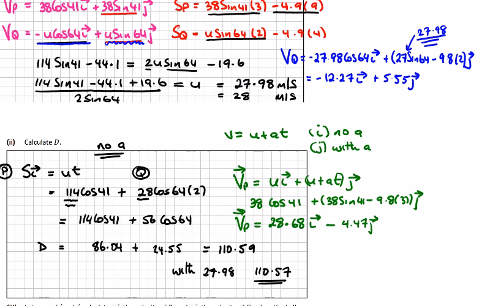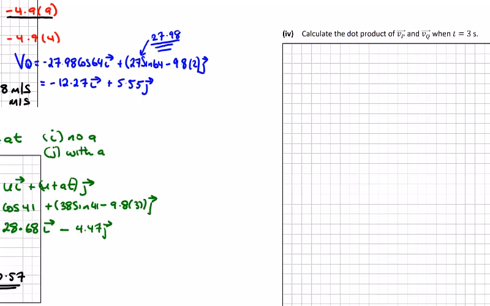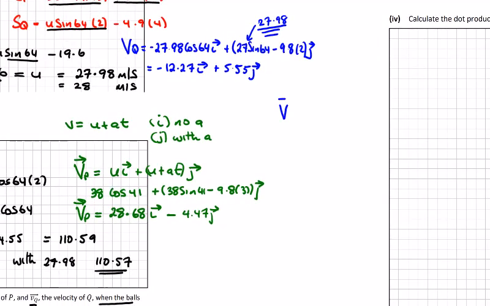Now it goes on to dot product. For the dot product, time is equal to 3. The dot product of the velocities, velocity of p by the velocity of q. What we do here is we multiply the I components. So we have 28.68 times minus 12.27 in the I direction. And then we're going to have plus in the j direction minus 4.47 by 5.55.